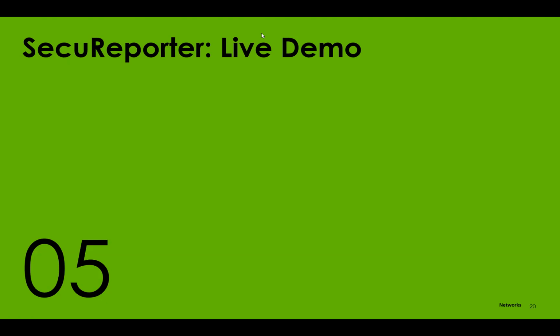If you actually go to secureporter.cloudcnm.zyxel.com, we have it set up so that we have a demo username and password that you can log into to take a look at the SecuReporter live in action. It's set up to an account where you can't really modify anything, but it gives you read-only access if you want to go ahead and take a look. And this is what I will be using, just because it has a lot of information that's already been collected with their demo that's been set up.